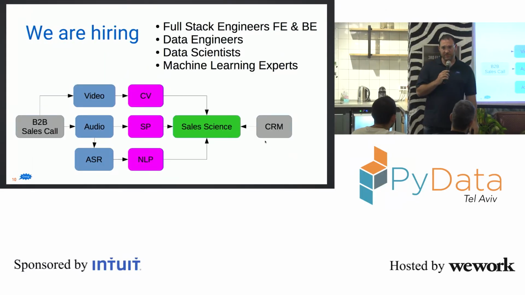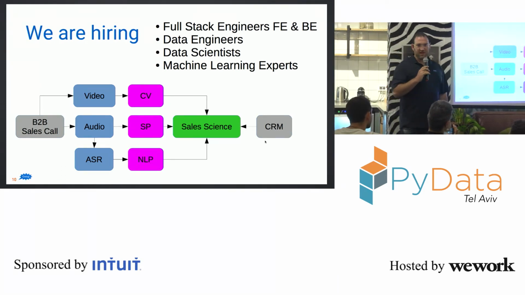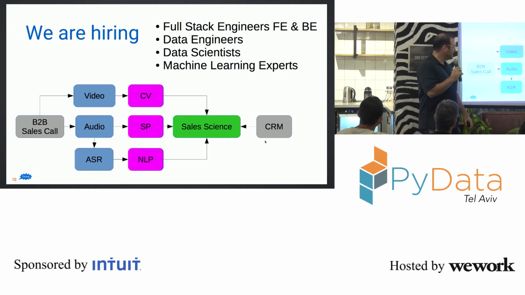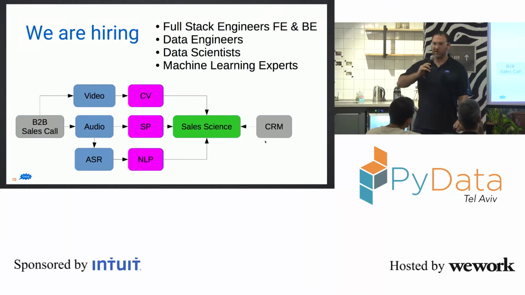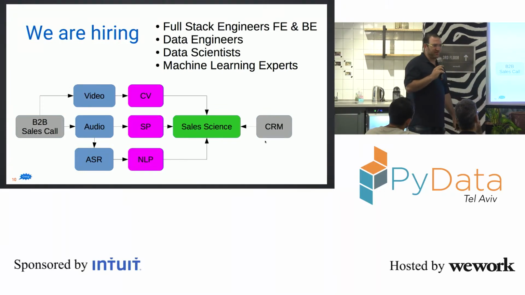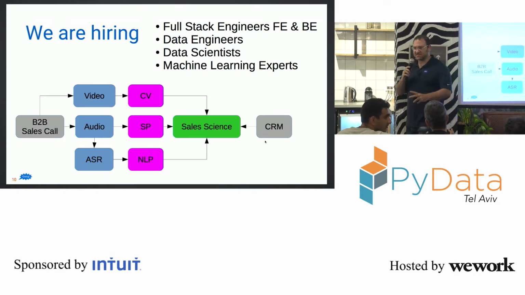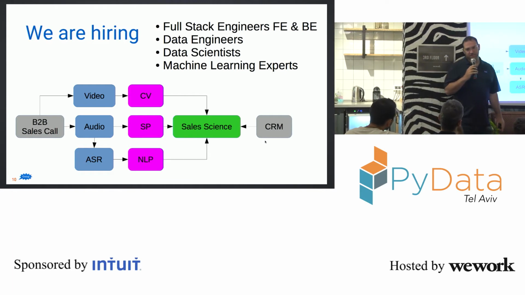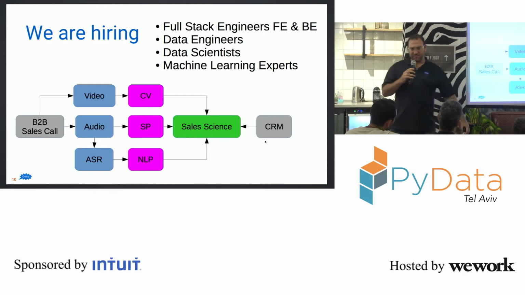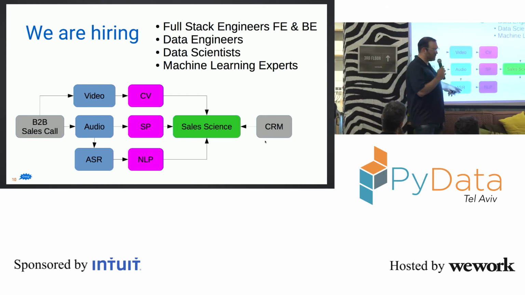So I would like, in the last minute of the talk, to say a little bit about Gong, and then I will pass the mic to the other person. So Gong takes business-to-business calls. They are long calls, not like when a telecom company calls you, which is B2C, but like a long call when IBM sells a server to someone. These calls are usually over web meetings, so we have video, audio and text.